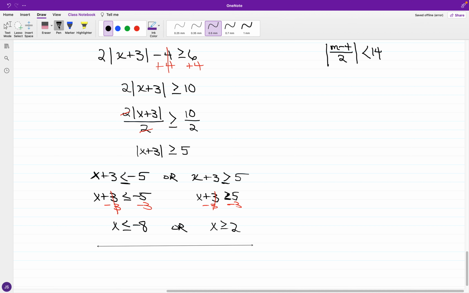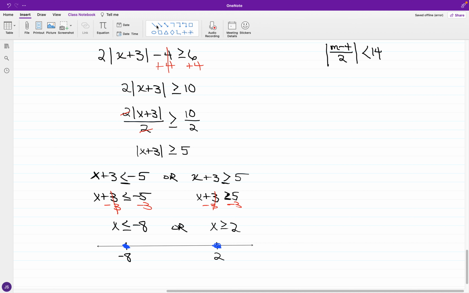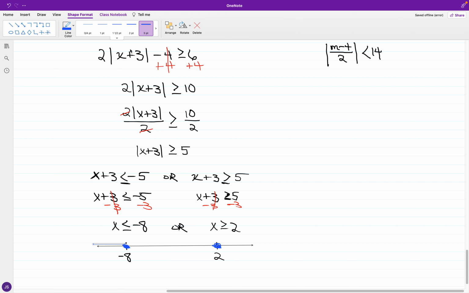And the values which we're going to be focusing on are negative 8 and positive 2 with the equal signs. Negative 8 will be part of the mix, so will 2. And so completing out what we have for each inequality, for x is less than or equal to negative 8, we have a ray going continuously to the left.